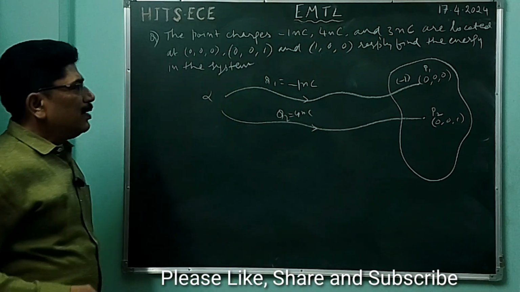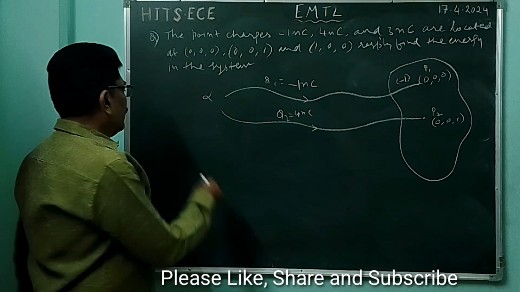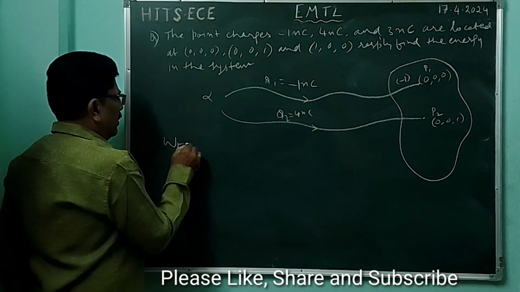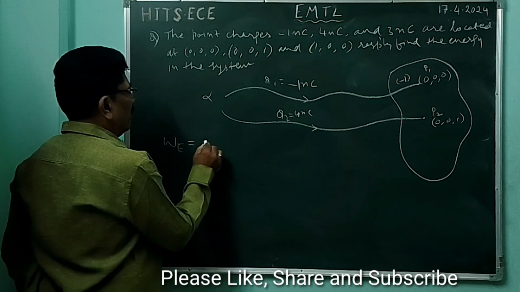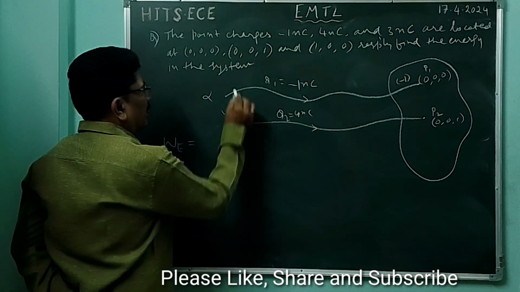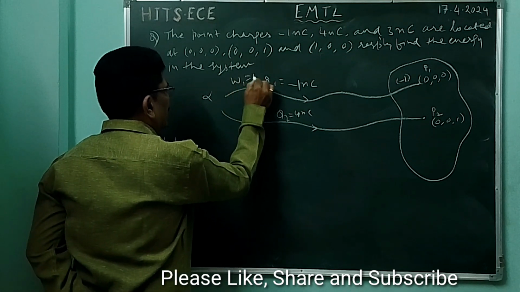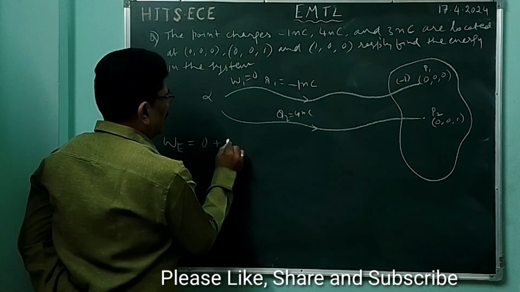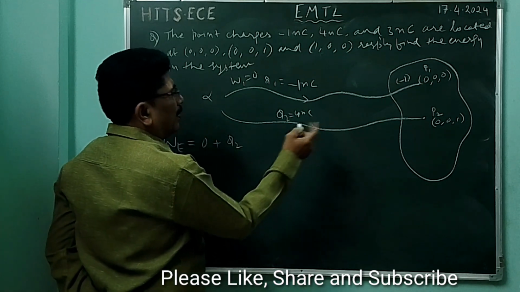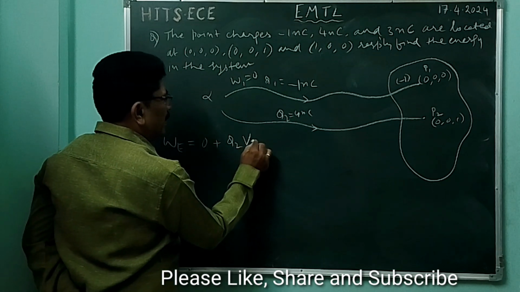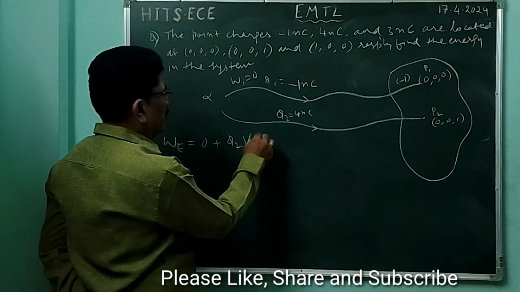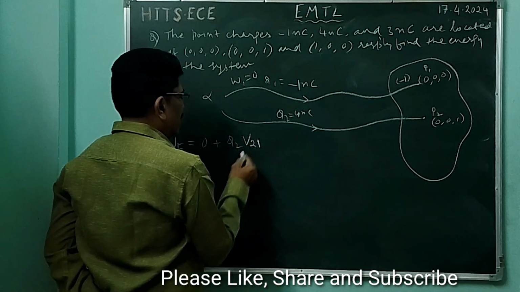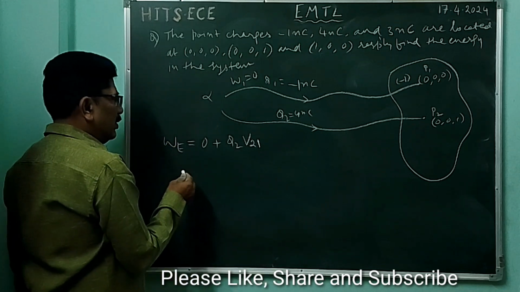So the work energy required is Q2 into the potential at that point. W1 for moving Q1 is 0. W2 is for moving Q2, that is Q2 into V21.